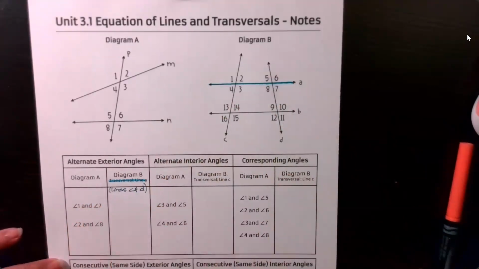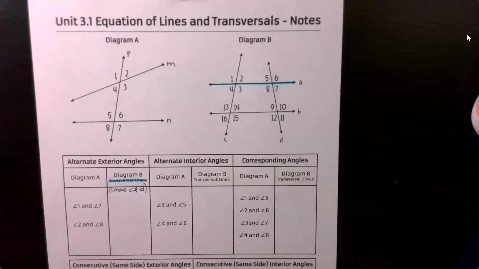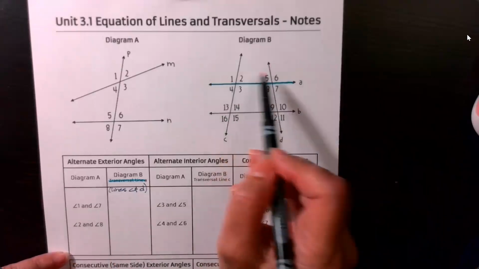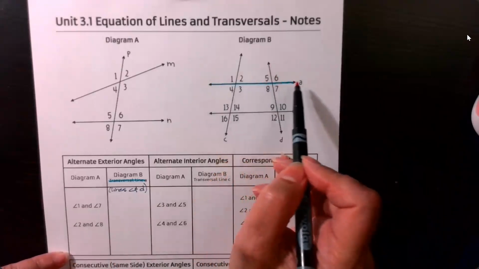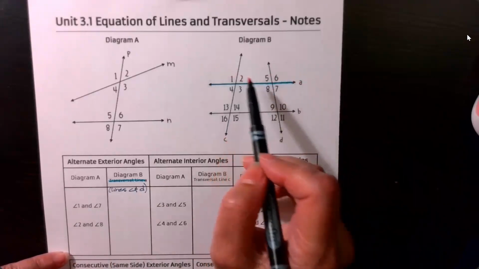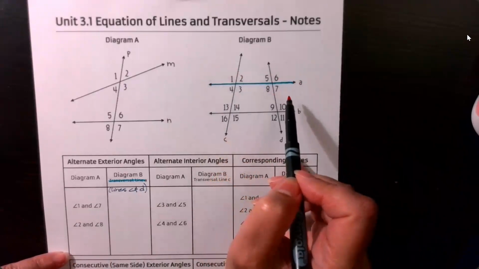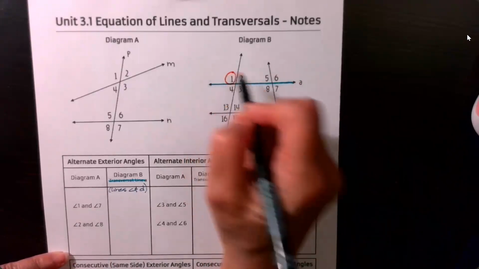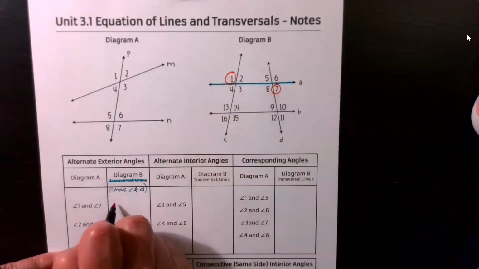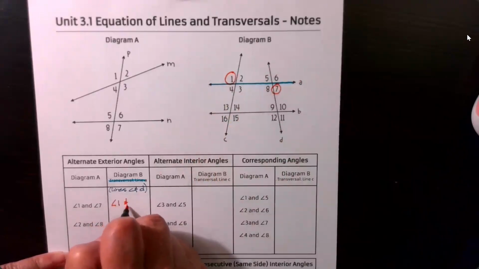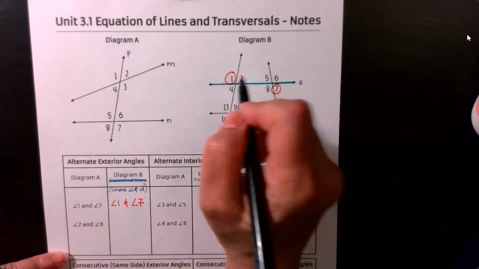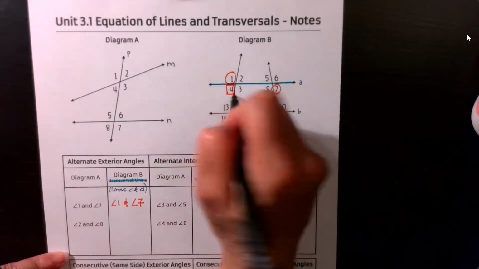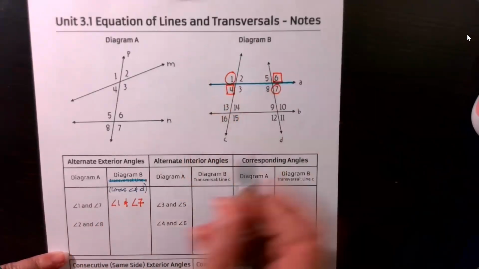Okay, so alternate exterior angles are going to be outside of the lines that are being cut by the transversal, and they're going to be on opposite sides of the transversal. Okay, so what I have here is, notice I have 1 and 7. And we have angle 4 and angle 6.